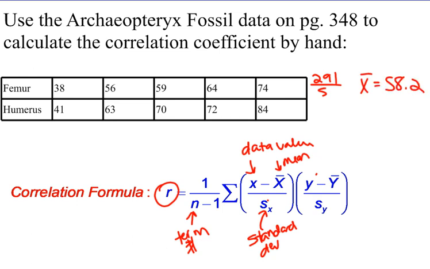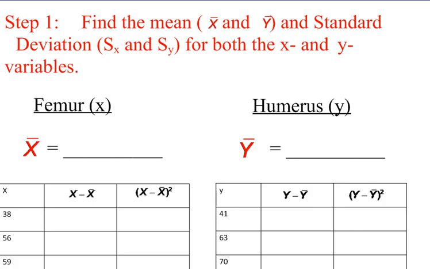I'm going to do my humerus, so 41 plus 63 plus 70 plus 72 plus 84. I get 330 divided by 5. So my y bar, because it's the mean of my y values, would be 66. So on this page, let's plug that in. My x bar, the mean of my sample for x, is 58.2, and we're in centimeters, right? And then my y bar would be 66 centimeters.